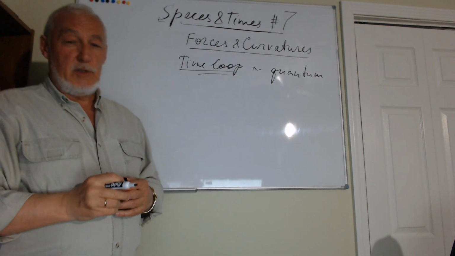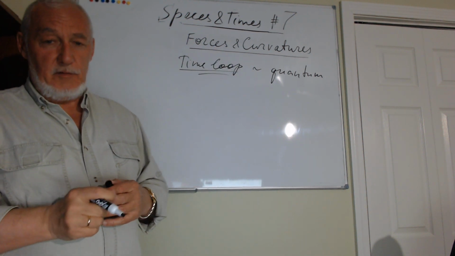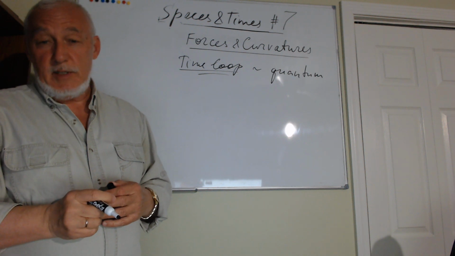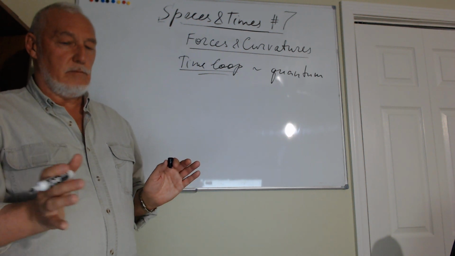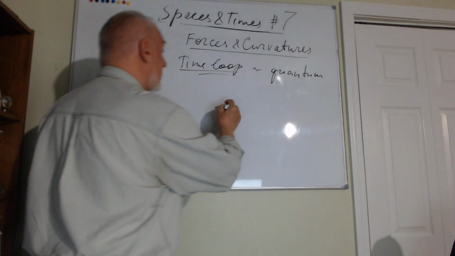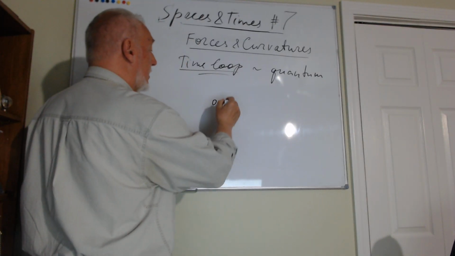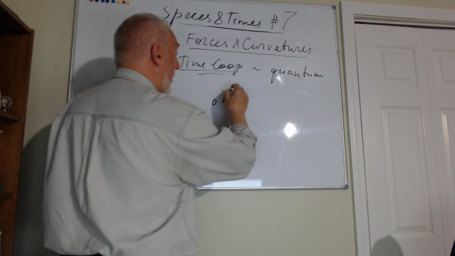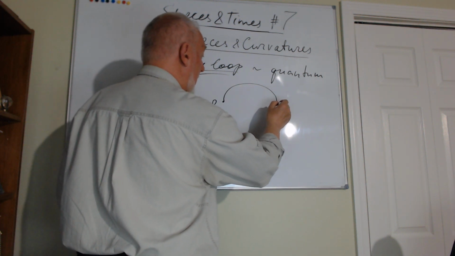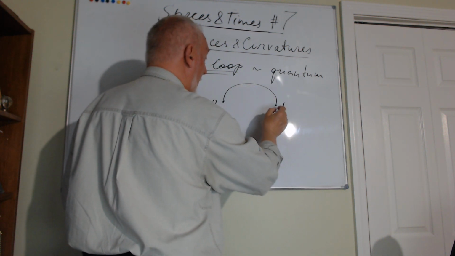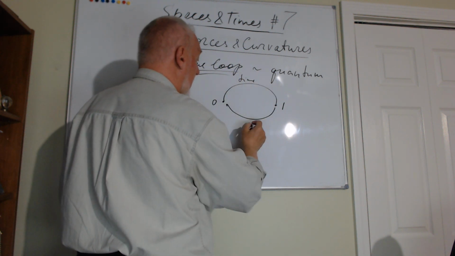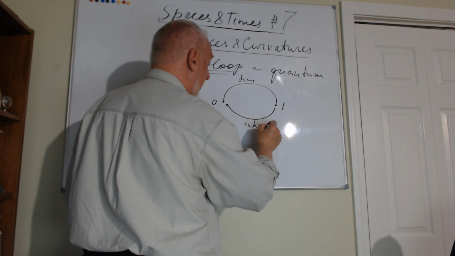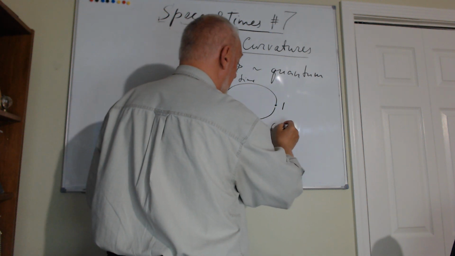But time, according to the theory of relativity, is space. Actually, space is time. These are just two sides of the same thing. So when you have a loop, for example, you have point 0, right? And now you're moving somewhere, then you maybe come to the point 1, and then you return back. So this is like time, and this, when we remember, we call it anti-time, right? Or space.